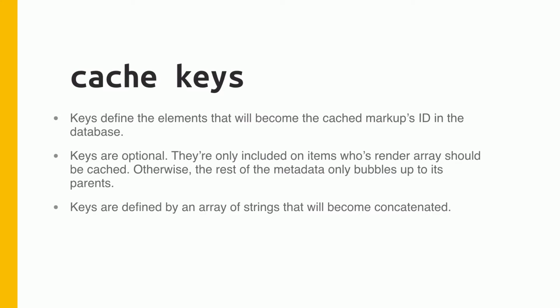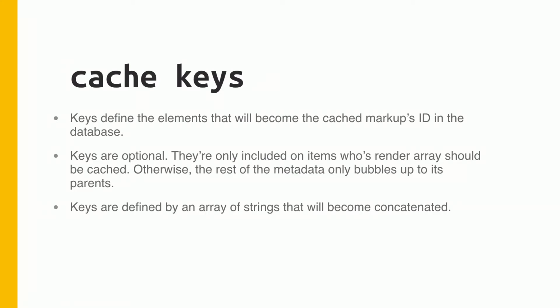But if you do define this, then you could actually look into the cache table in the database and see the markup as it's rendered out. So the existence of keys means you're actually going to get a chunk of markup stored in the database for Drupal to use later on. Almost any entity is going to have this for any view mode.